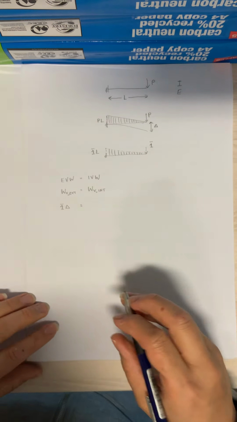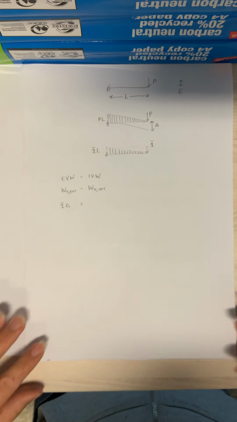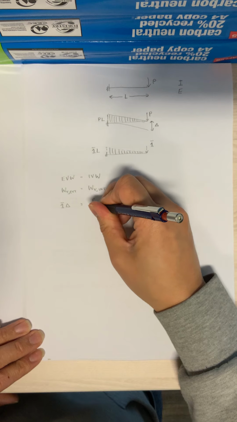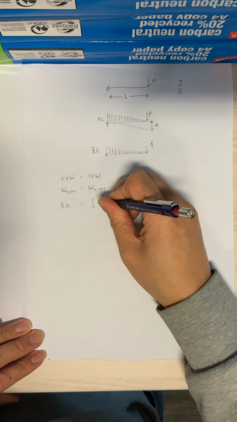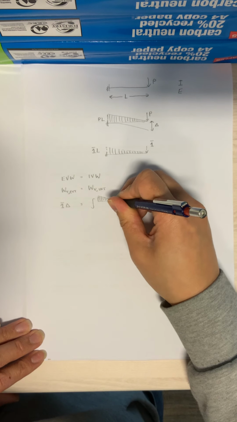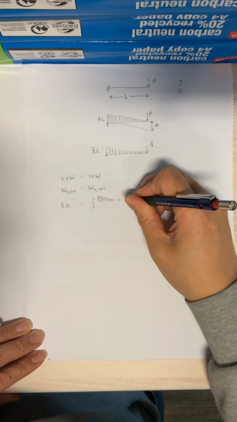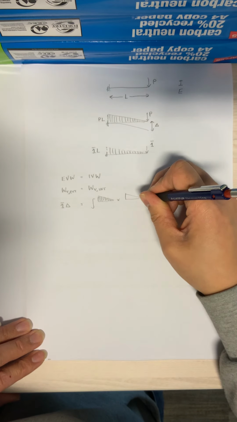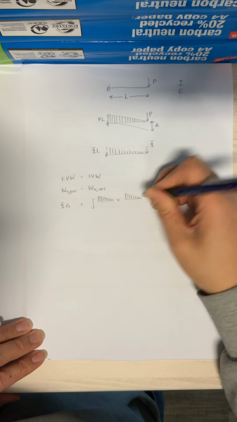So in order to work out my deflection, I need to integrate the real bending moment, which we'll draw there, and I need to multiply that by the virtual bending moment diagram, which would look like there.